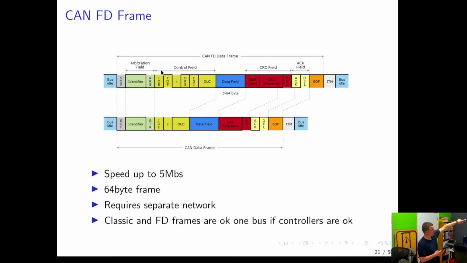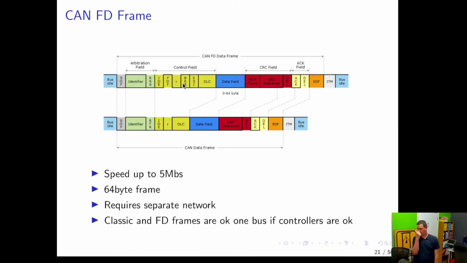When that's enabled, it becomes a CAN FD frame that has a few more control fields and a larger data field, but it's mostly the same structure. But the important part is that when it says 5 megabits, what is actually happening is the data goes at 5 megabits, but the arbitration and control section goes at normal speed.